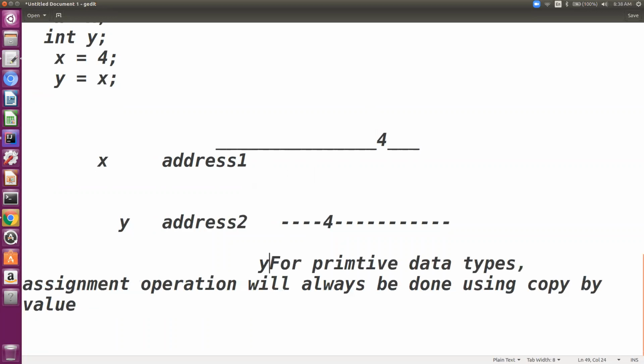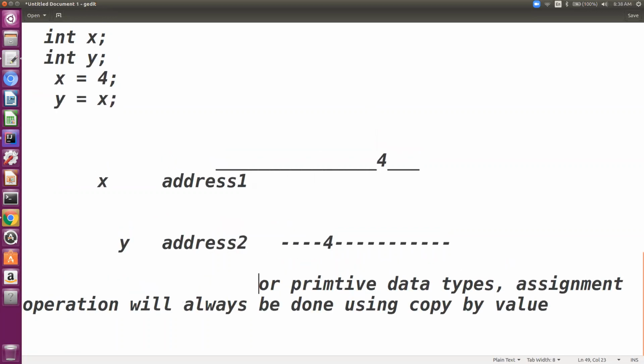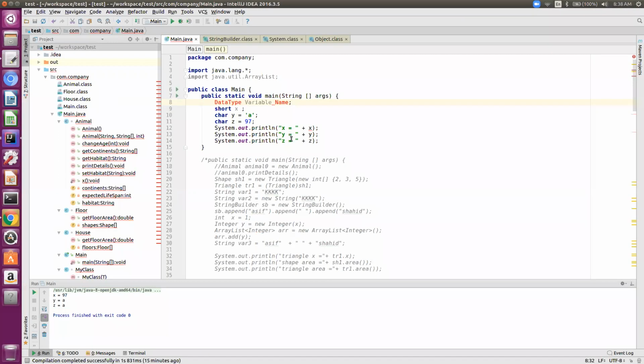They are two different. That is all I am trying to tell you. Okay, so now we have seen how to declare a variable and how to initialize the variable. Now let's look at the various operators.